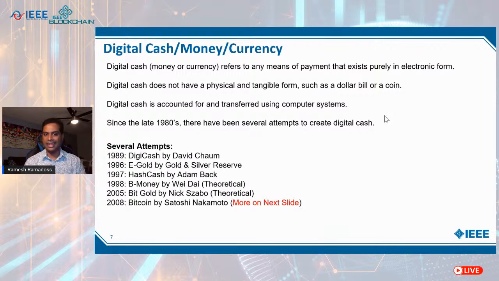And since the late 1980s, there have been several attempts to create digital cash, and you can see the list here, like 1989 DigiCash, 1996 eGold, 97 Hashcash, 98 B-Money, and 2005 BitGold. B-Money and BitGold were theoretical concepts. And then 2008, Bitcoin was launched. As well, the white paper was published, and then the actual code was launched in January 2009.